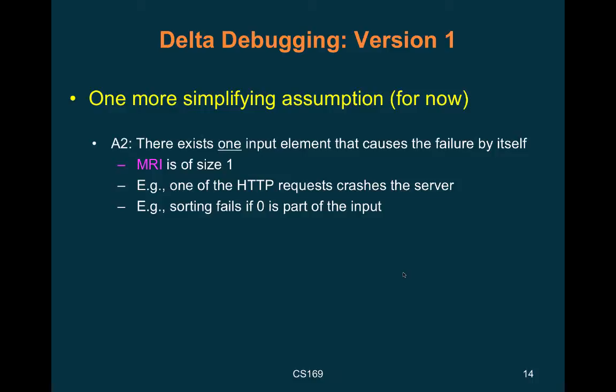So for example, you have a server, and there's one request that crashes the server. Or let's say sorting fails if 0 is part of your data set. So the MRI is just array 0, and it's monotonic because as long as 0 is there, it's going to crash no matter what else is there.